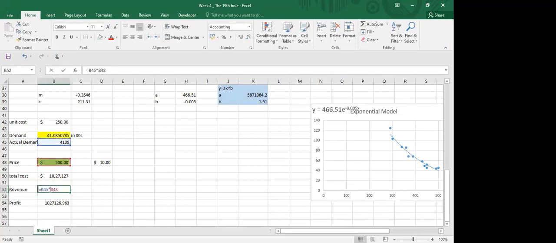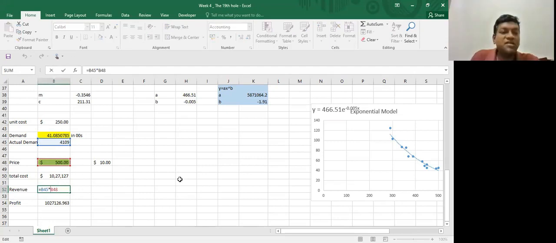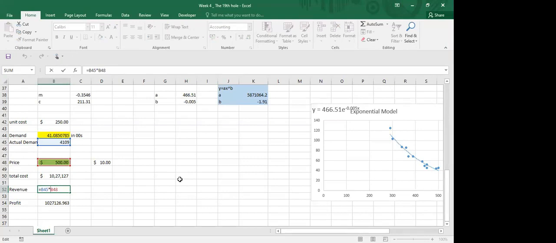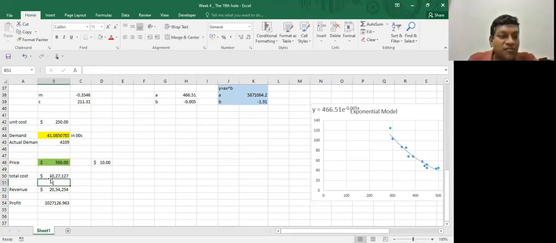And you are selling 4,109 units. Number of units sold multiplied by the price at which you're selling it, that's the revenue you're generating. Price into quantity. Cost similarly is the quantity multiplied by the unit cost. Same thing: actual demand 4109 multiplied by the unit cost. I've highlighted the cells.